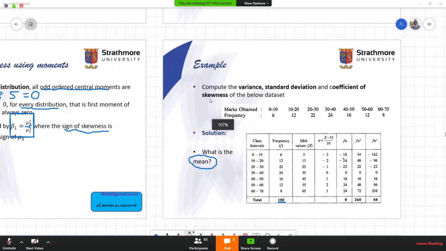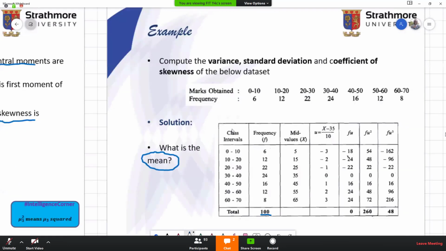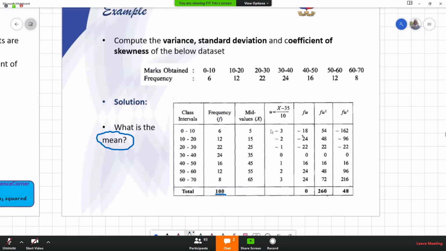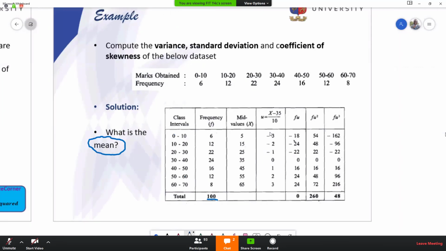This over 10 is just something that I do freely in order to simplify. Ideally, what should happen here is x minus 35, just like that. Like here we take 5 minus 35, you get negative 30. So here we should have negative 30, negative 20, negative 10. But now I just use divide by 10. It won't affect anything, so that I have small values here.